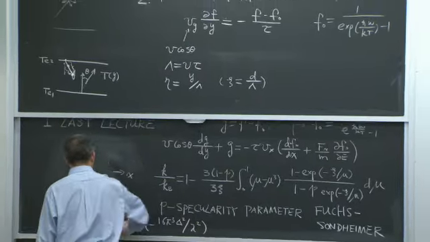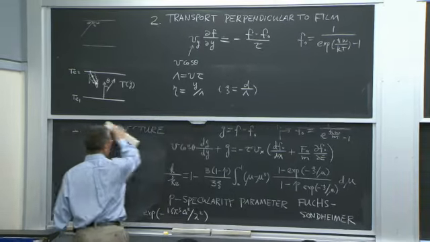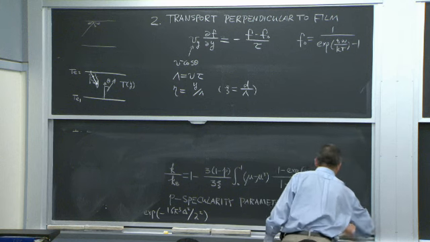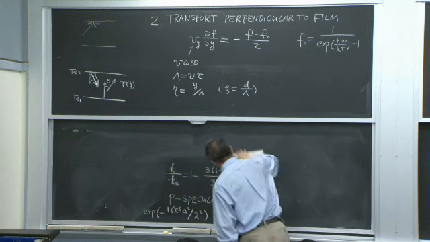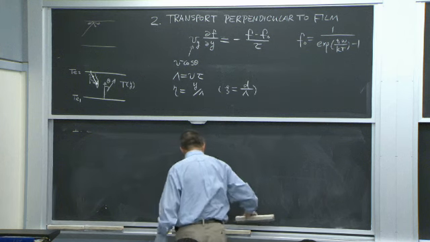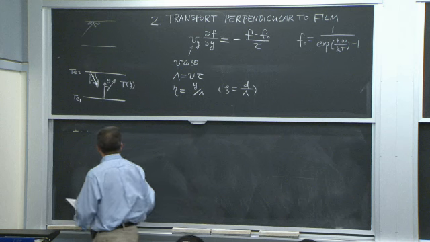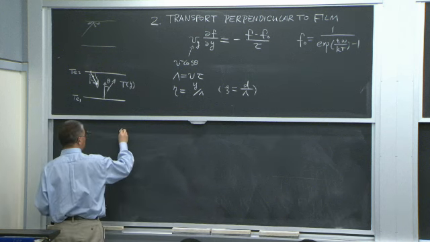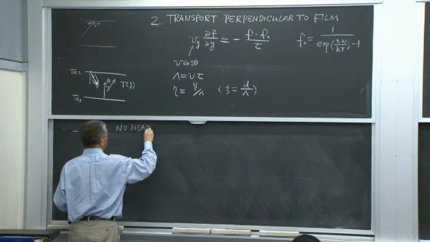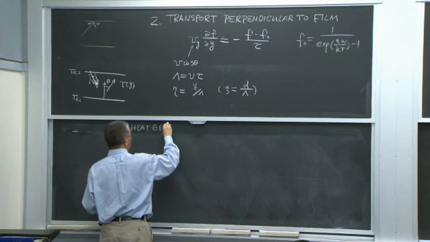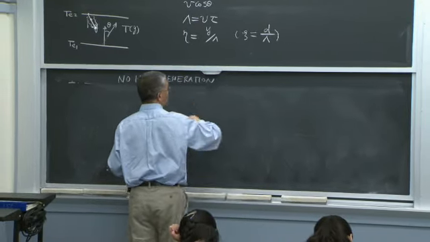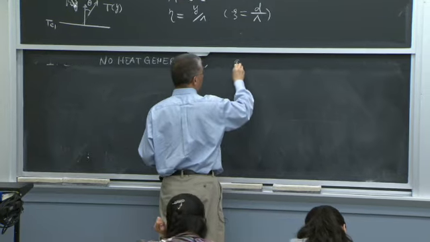When I'm dealing with the case of no internal heat generation, in fact, we wrote a paper to compare the case when there is internal heat generation, and what's the difference. So when there is no heat generation, what I have is Q is constant, right?